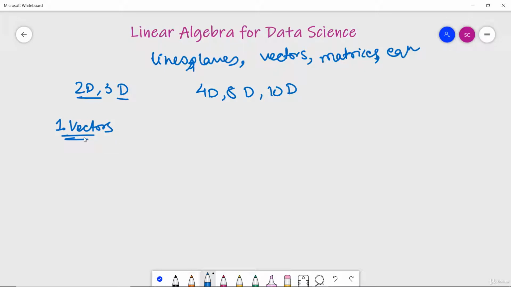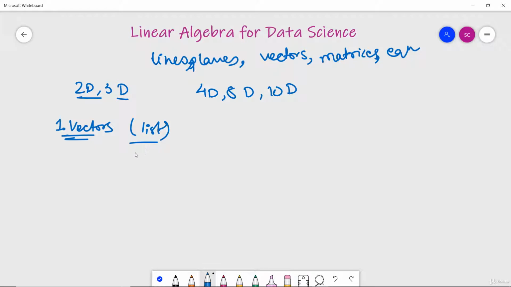Now vectors. Linear algebra deals with vector spaces only. A vector space is a set of objects called vectors. We can add or multiply vectors. A vector is a list of numbers. It can be thought of as a point in space which is numerically represented in the form of a list.